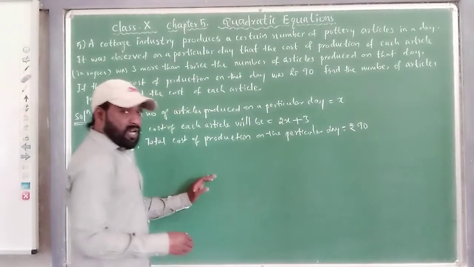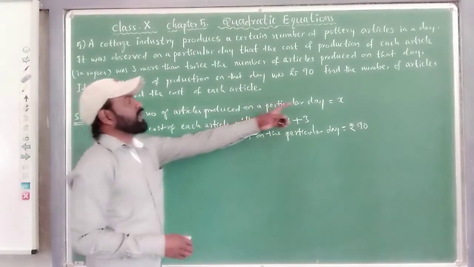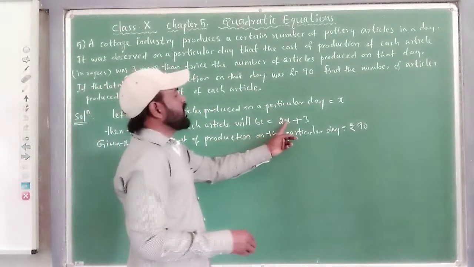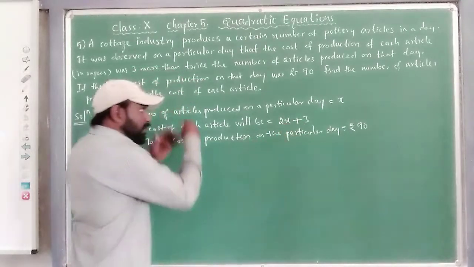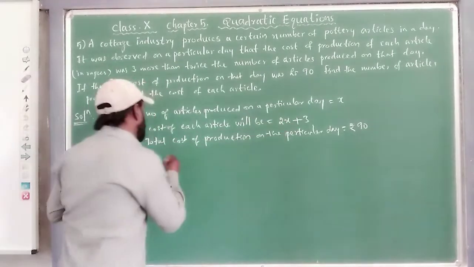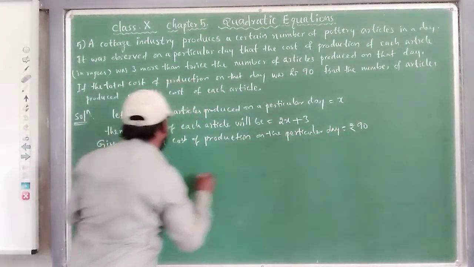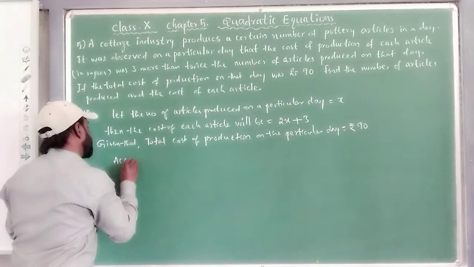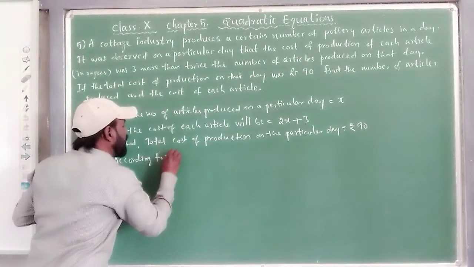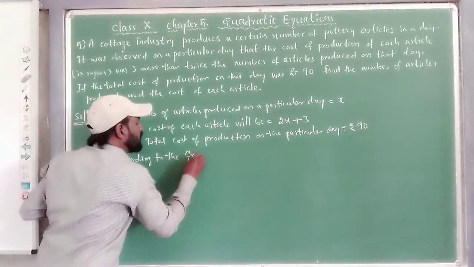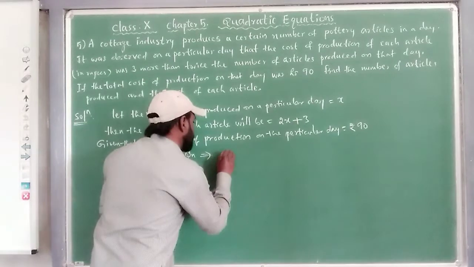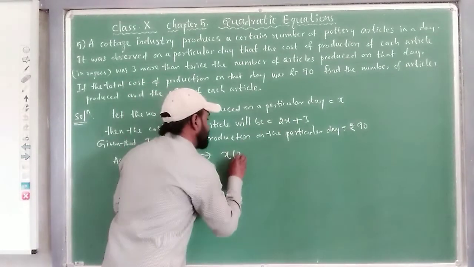So, number of articles, how many were produced on that day? x. The cost of each article is how much? 2x plus 3. So, the total cost will be number of articles into the cost of each article. So, the total cost is how much? 90. So, according to the question, the number of articles x and the cost of each article 2x plus 3.